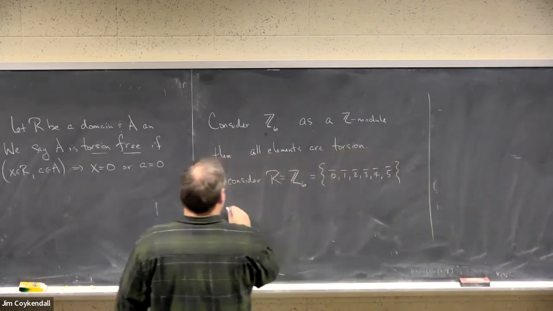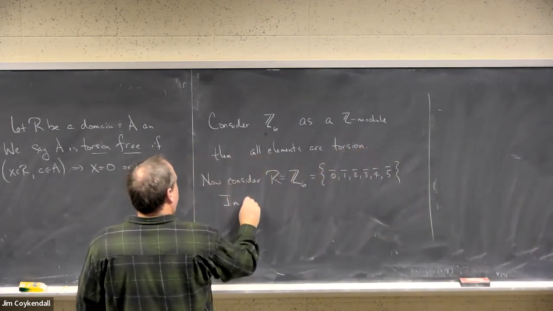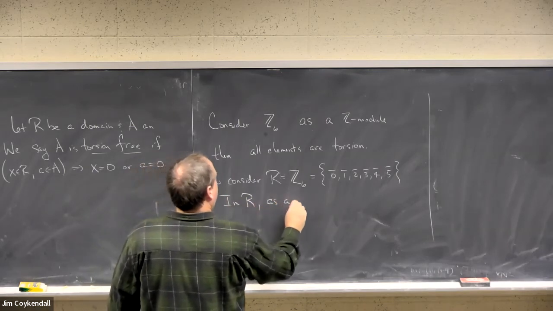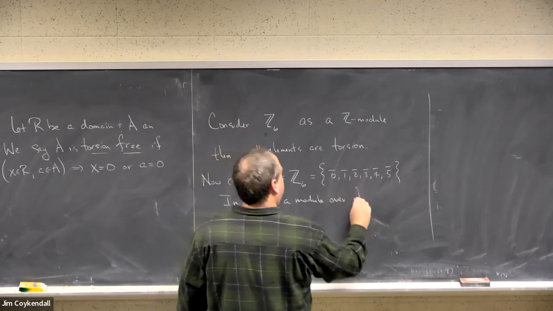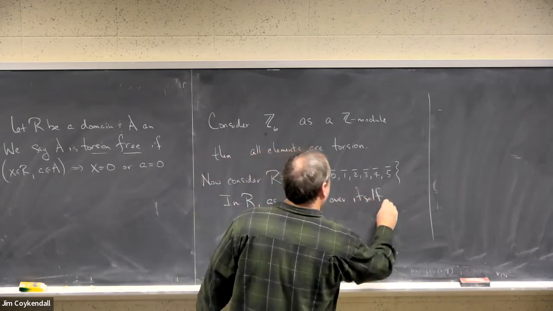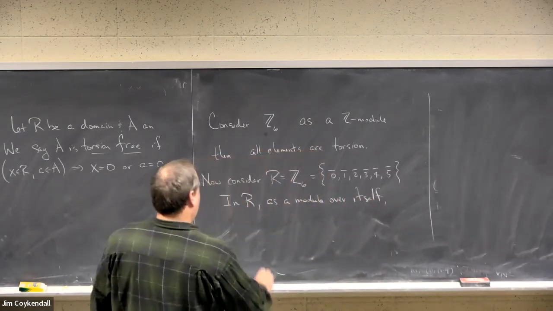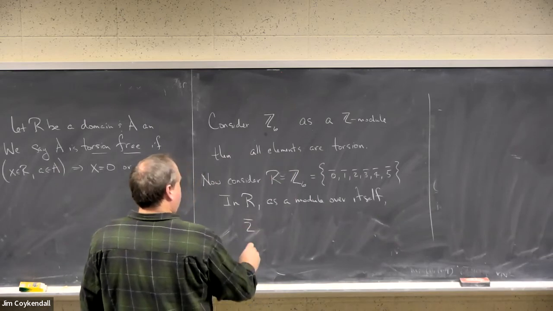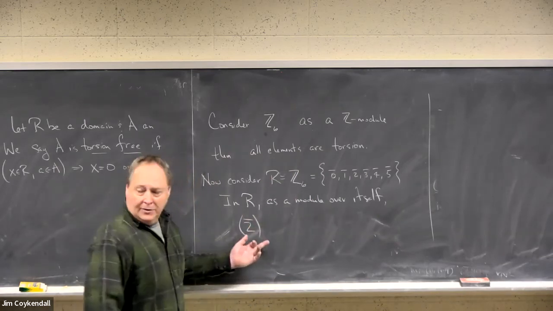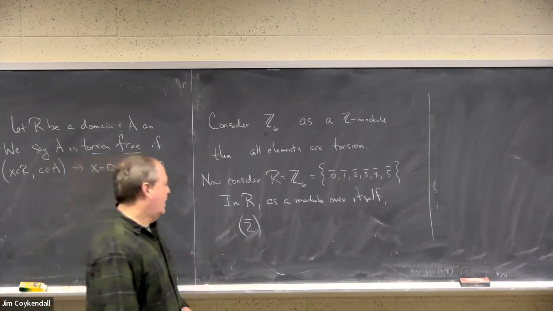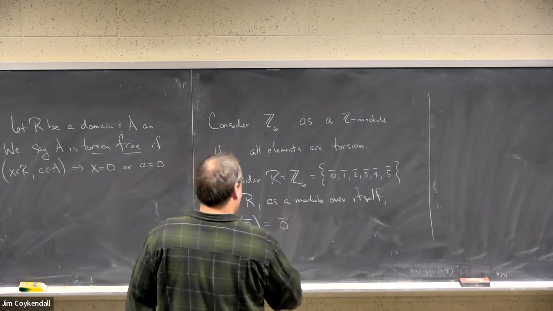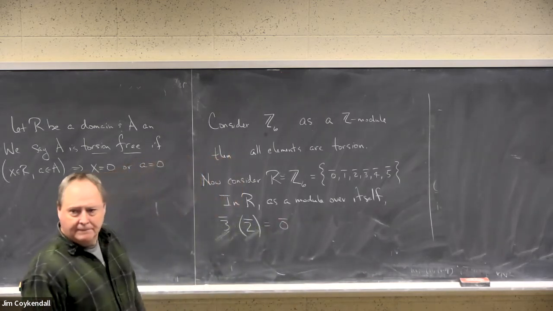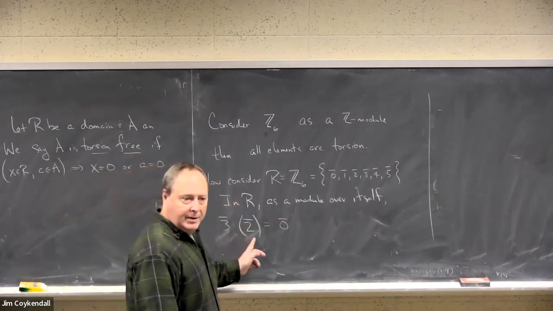Notice that in R as a module over itself, 2 bar times 3 bar is equal to 0 bar. So 2 bar is a torsion element of this module.